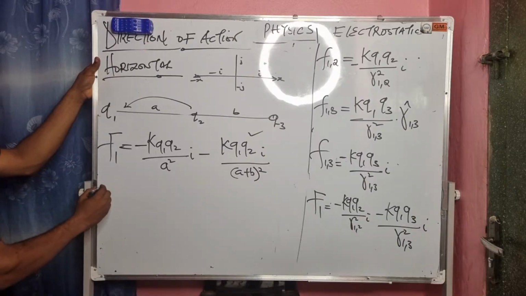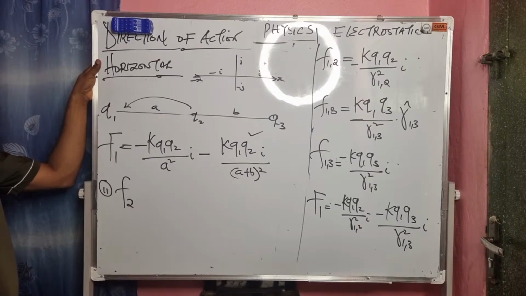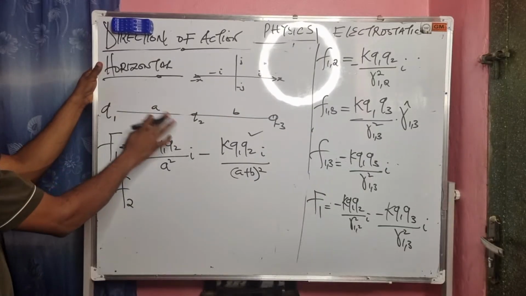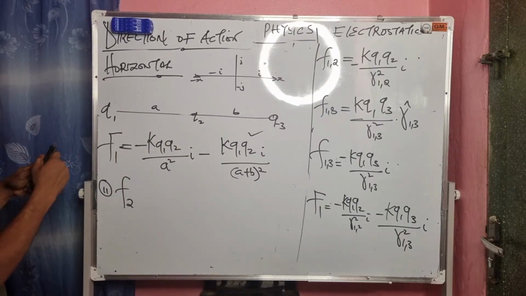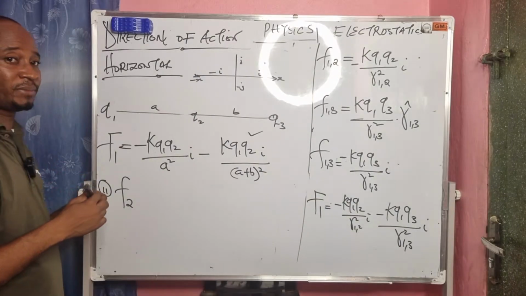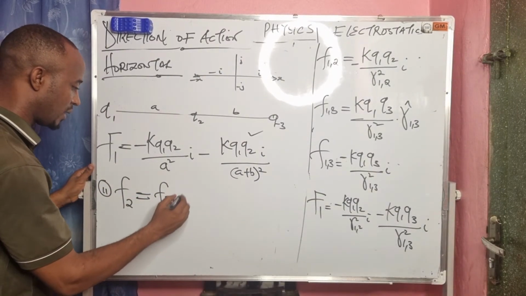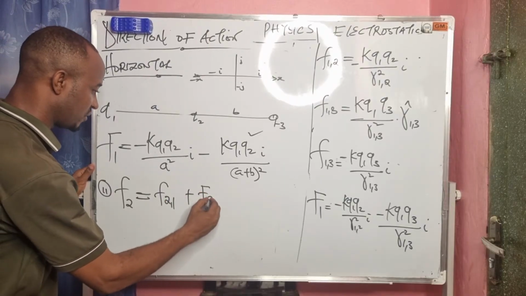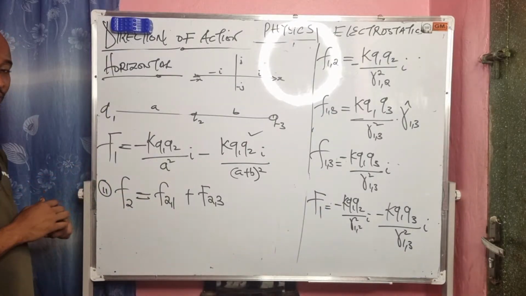Okay, number 2. If we also find F2, the resultant force on charge 2, emphasis is now placed on charge 2, no longer on charge 1. So from the principle of superposition of forces, our F2 becomes F21 plus F23.